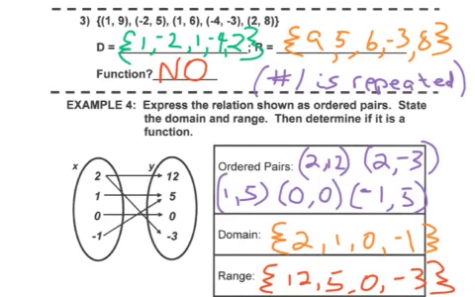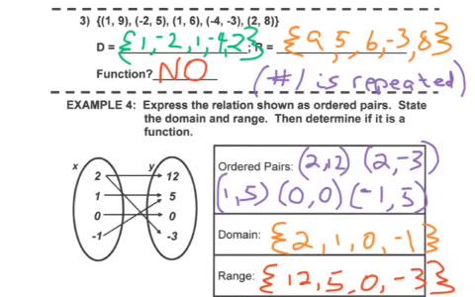Okay, so what we have done here is on the second example, I've listed here in domain all of the x values from this list, and I've listed in the range values all of the y values. If you see, normally we would not write out, in fact, I shouldn't have written in this 1 twice in our x values.